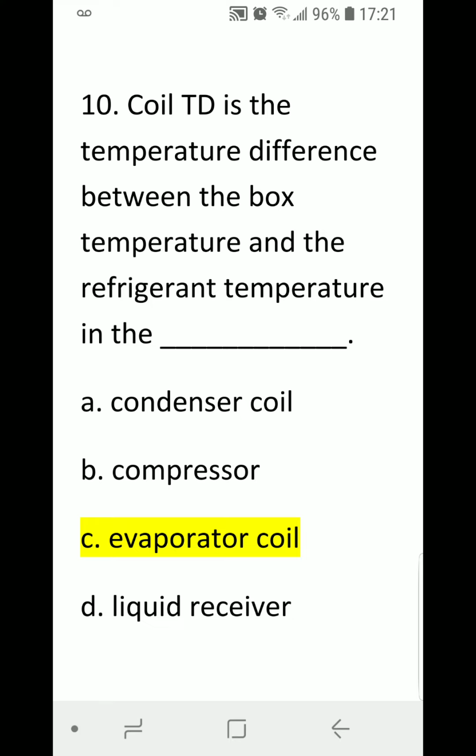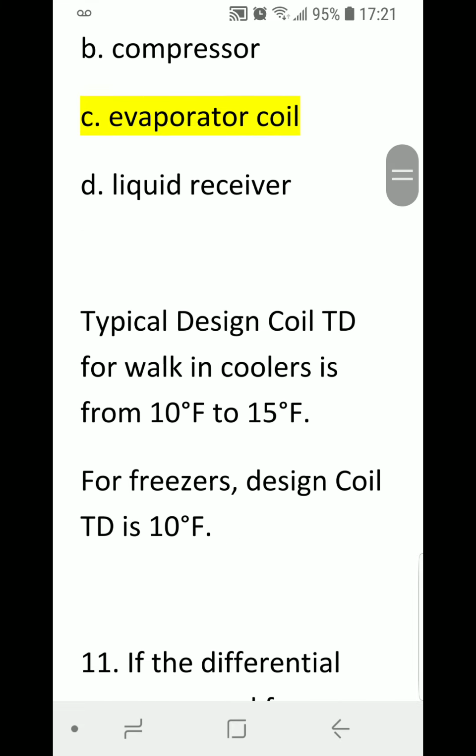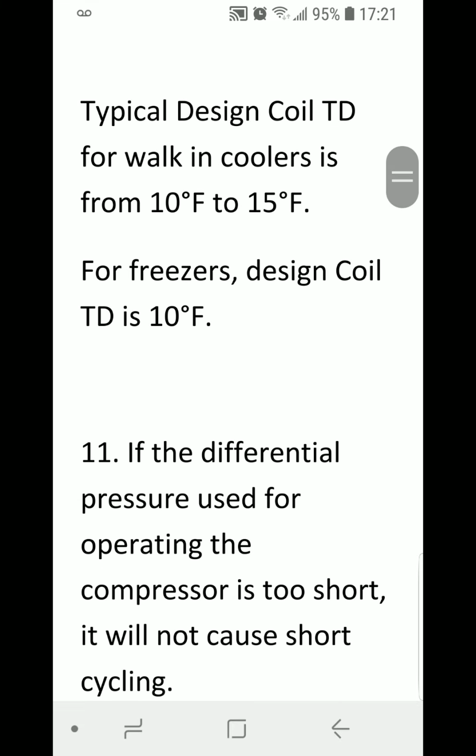Correct answer is C. Evaporator coil. Typical design coil TD for walk-in coolers is from 10 Fahrenheit to 15 Fahrenheit. For freezers, design coil TD is 10 Fahrenheit.